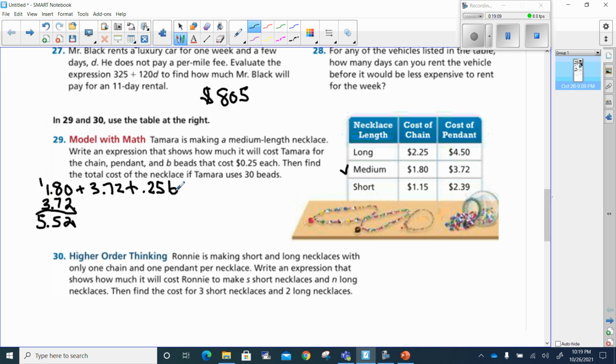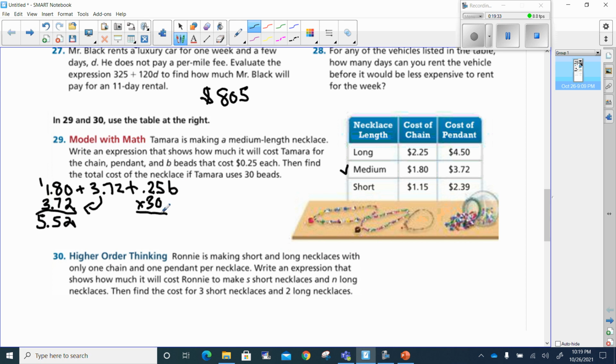Now that we know that B is 30, we'll take 0.25 and multiply it to 30. And we're going to have to add that. This came down here. It was a like term, a constant that we were able to combine. Now what is 25 times 30?